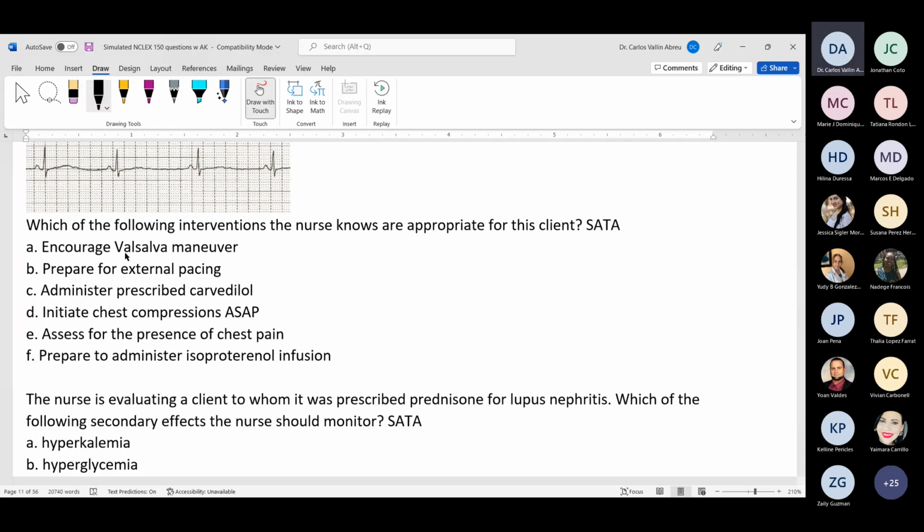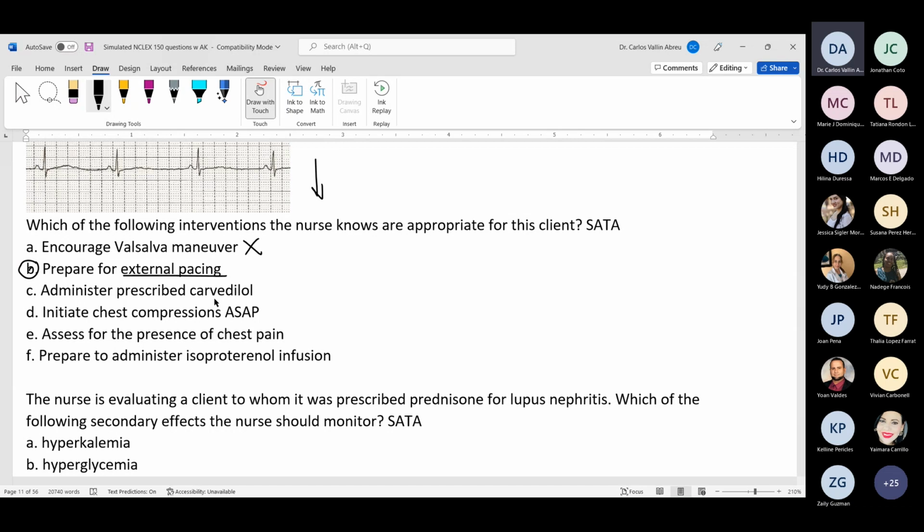A, encourage Valsalva maneuver, yes or no? No, the Valsalva maneuver will lower the heart rate even more. Prepare for external pacing, yes or no? Yes, because the patient is symptomatic. External pacing is a transient pacemaker placed on the skin through pads that produce external electrical stimulation.